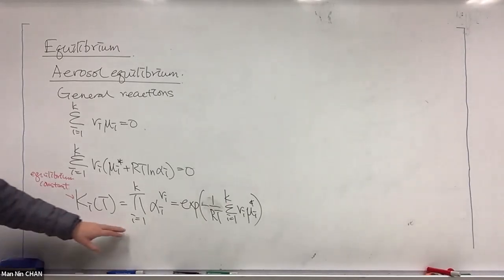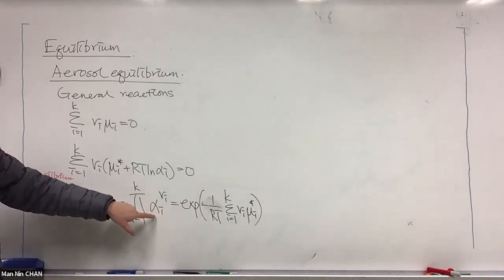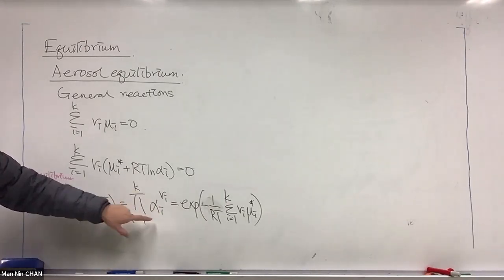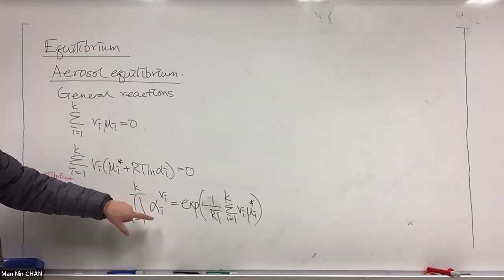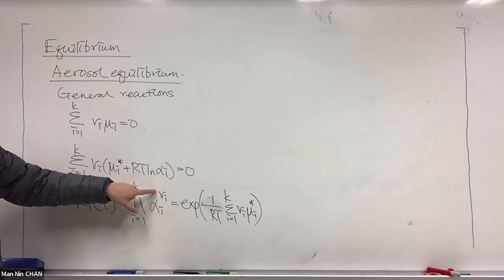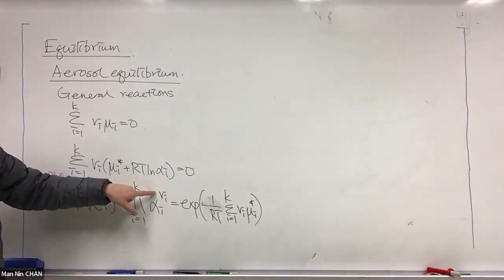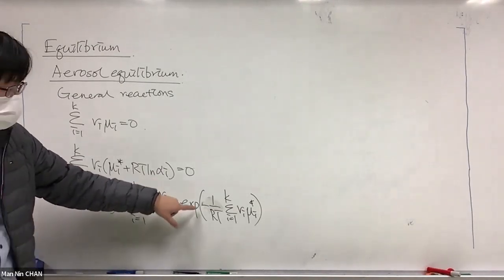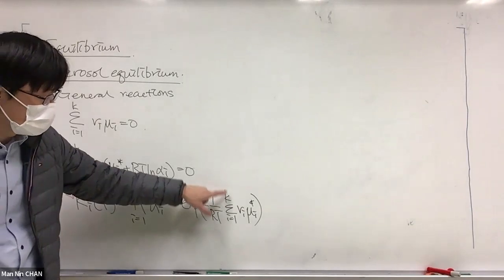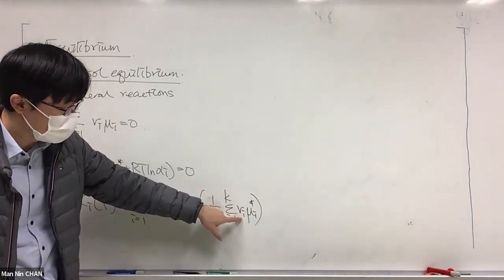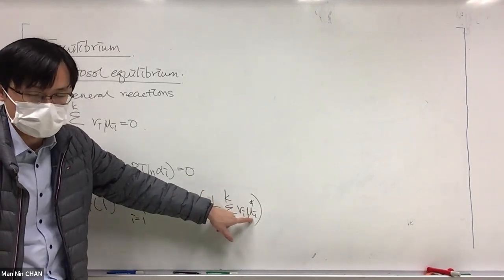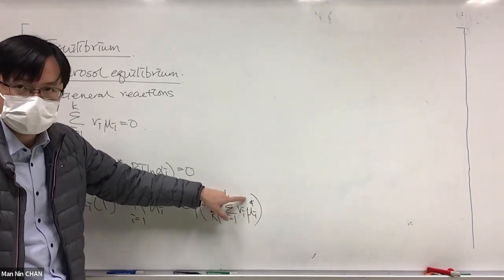It is the product of the activities raised to the stoichiometric coefficients. Remember, this is the activity, not just the partial pressure or concentration. It is equal to the exponential of minus 1 over RT times the summation of the stoichiometric coefficients times the chemical potential of the species at their reference state.